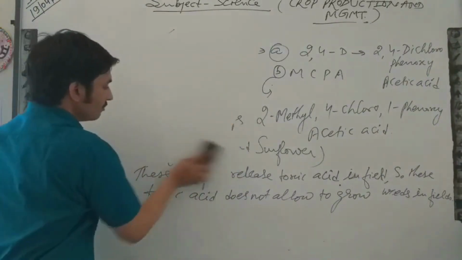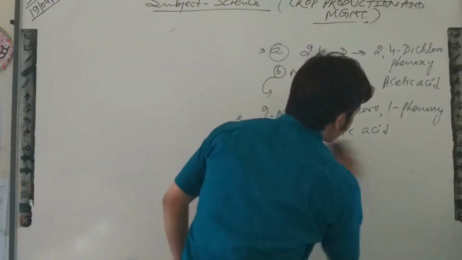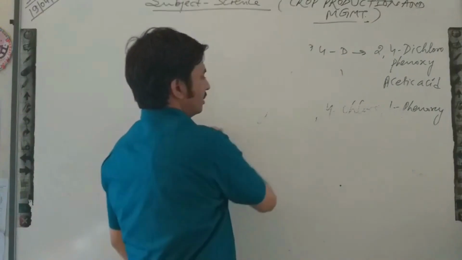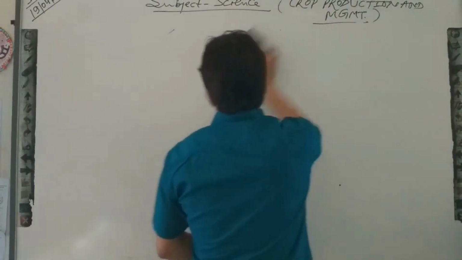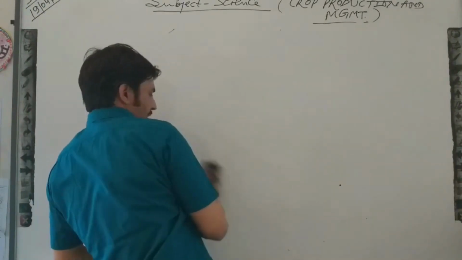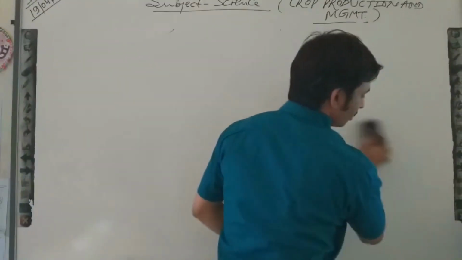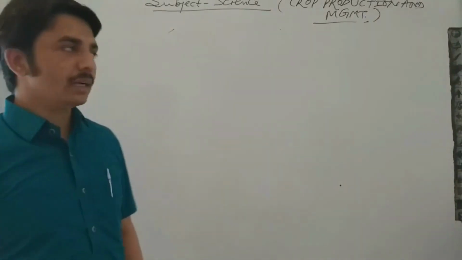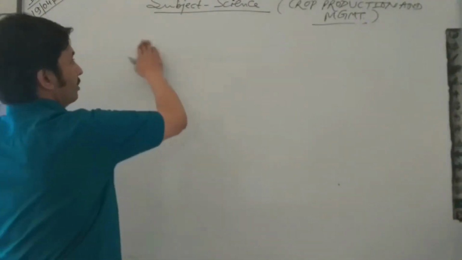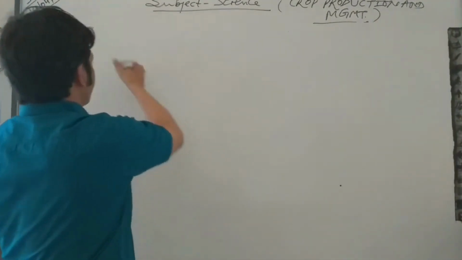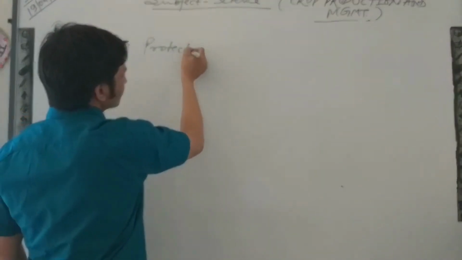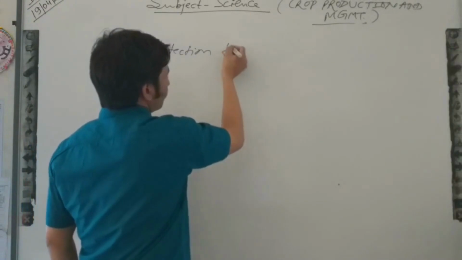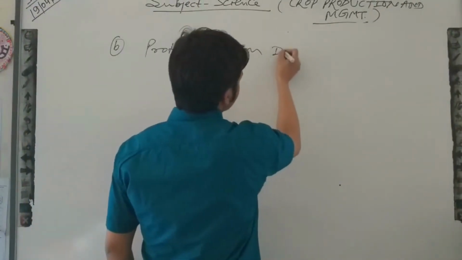Now we have to focus on control of insects. Generally insects are destroying crops in the field. Second is protection from insects.